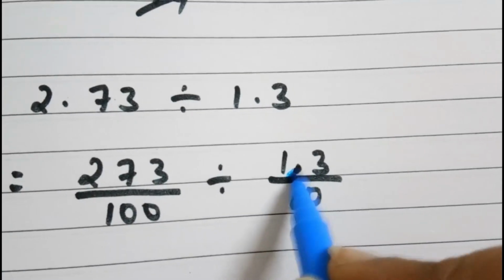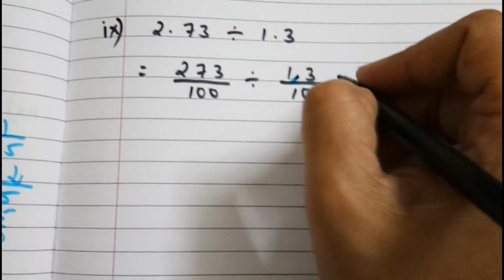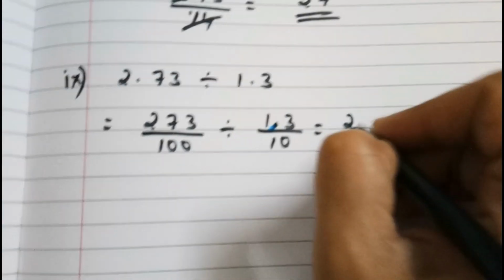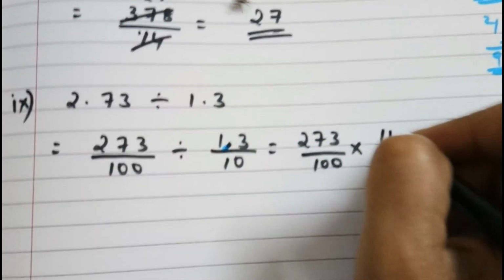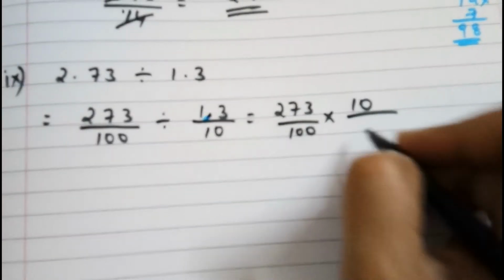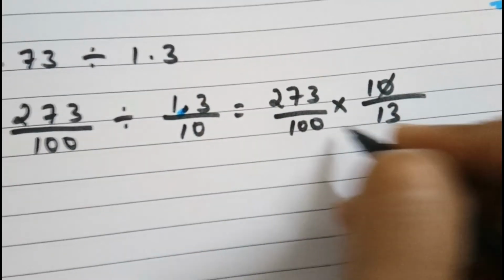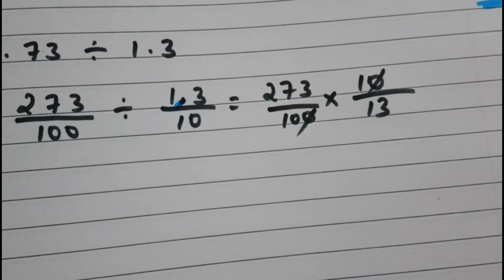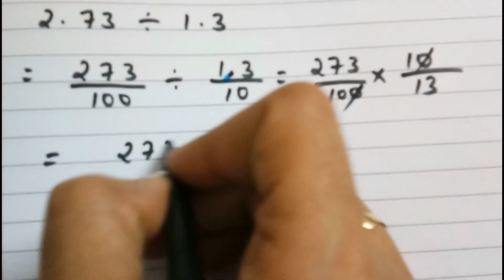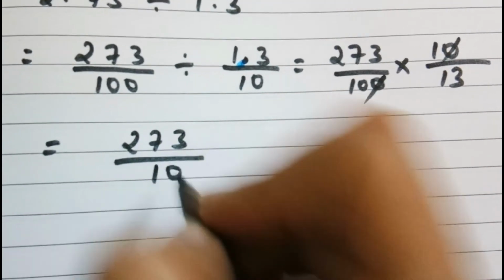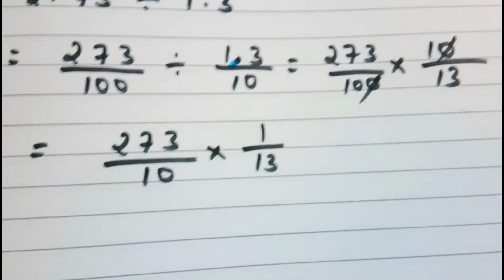The point would be cancelled. 13 by 10. So then how can we write this? 273 by 100 into 10 by 13. Now here the 10 and the 0 get cancelled. So what is remaining is 273 by 10 into 1 by 13.